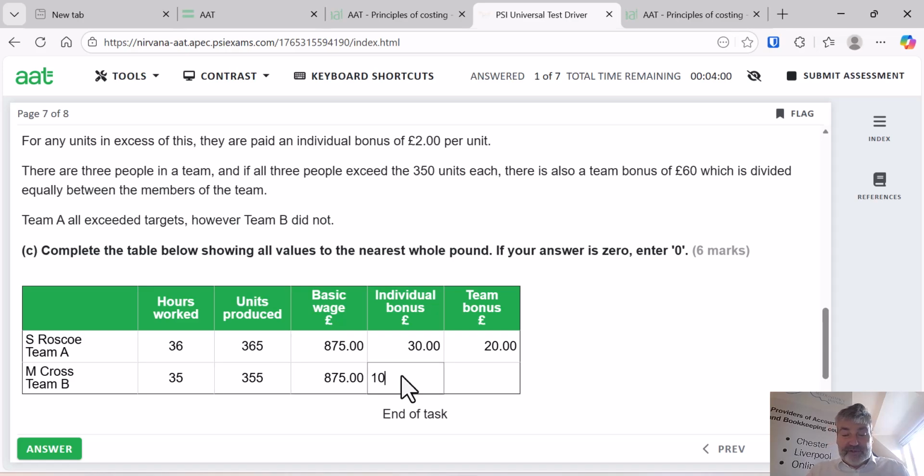So that's £10 in total. However, we're told that not all of Team B exceeded the standard units they were expected to produce. So no team bonus has been issued. So Cross basically gets nothing. So there we go. There's our wage calculations for the 2 members of staff.